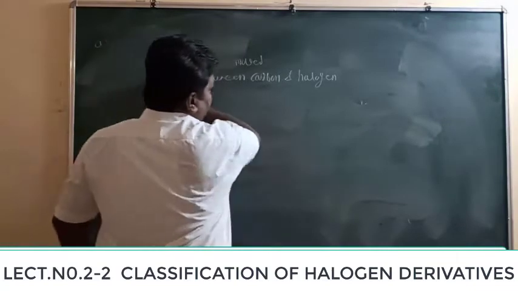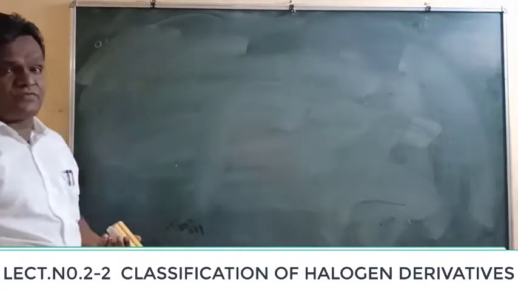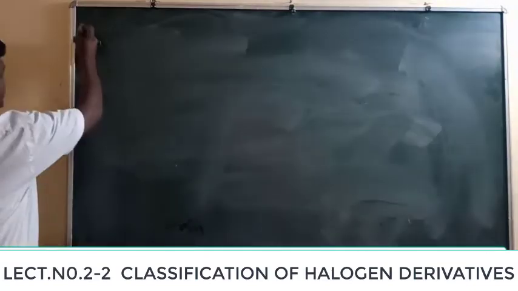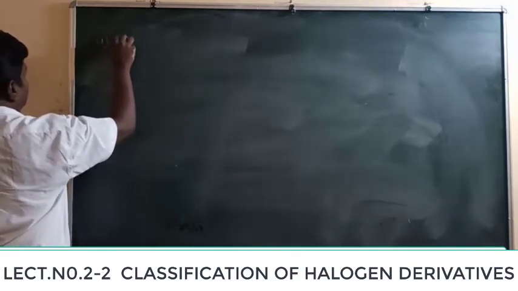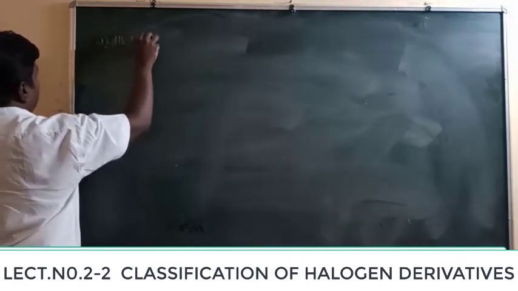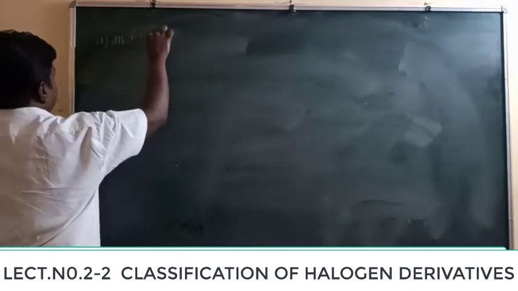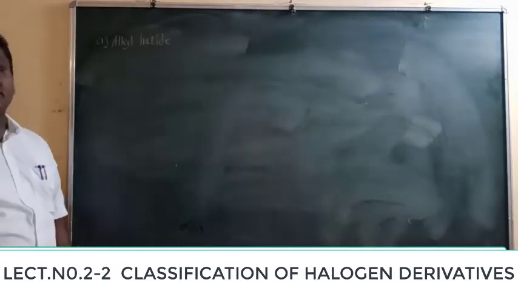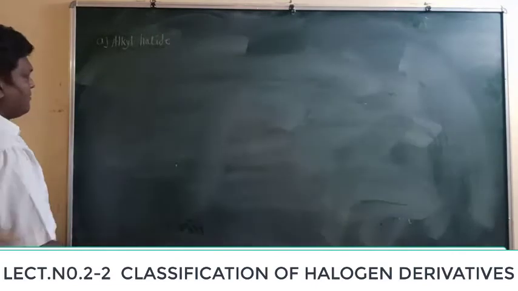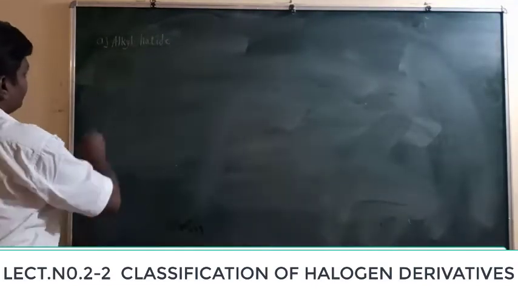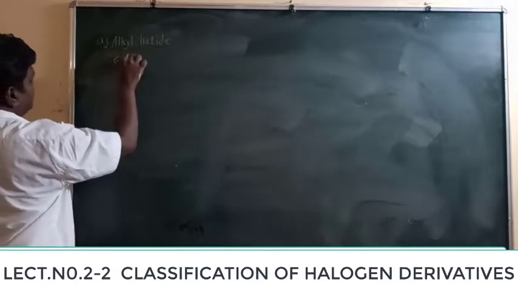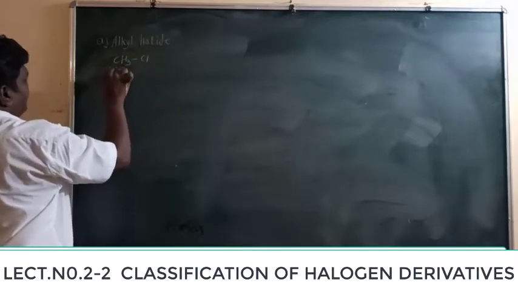Let's start with this. The first classification is called alkyl halide. In the previous lecture, we already saw alkyl halides. Let us see two or four examples of this. This is called methyl chloride.